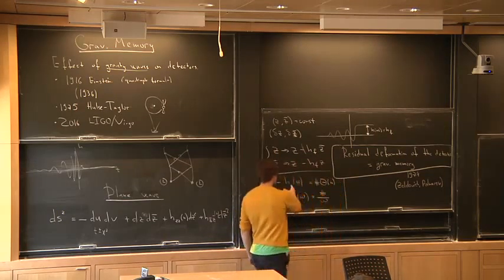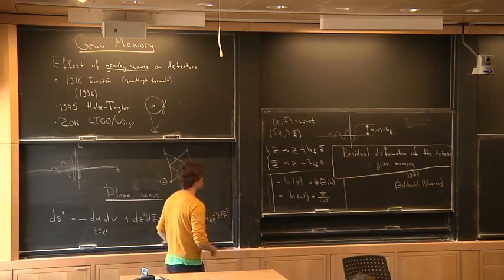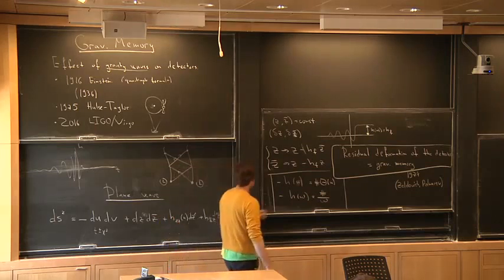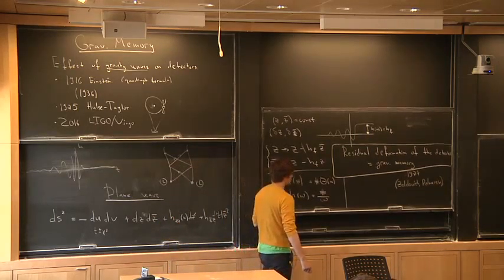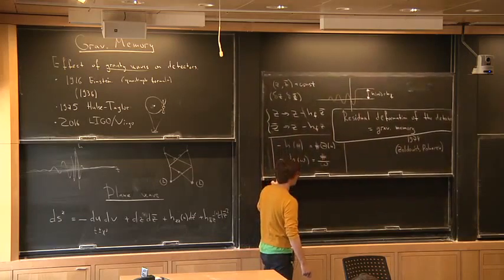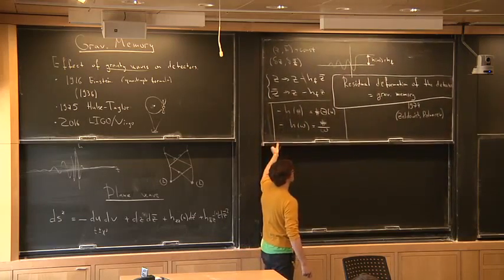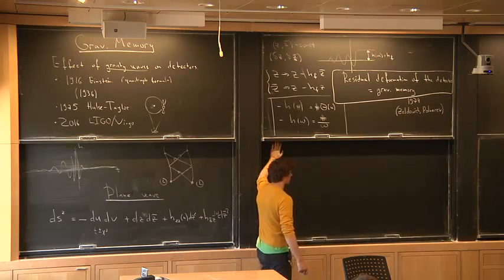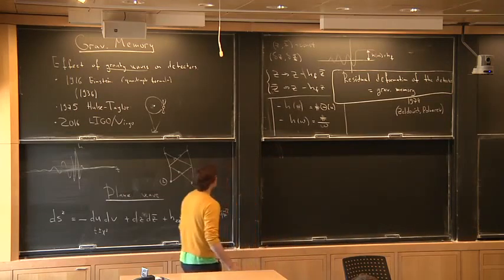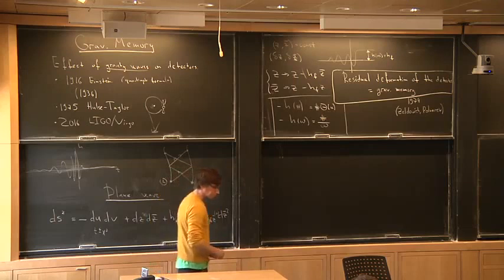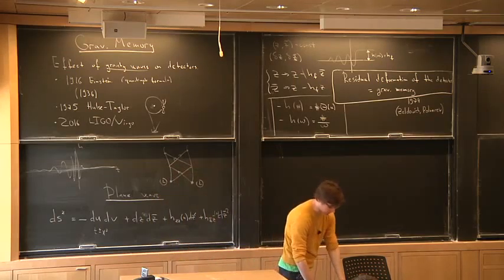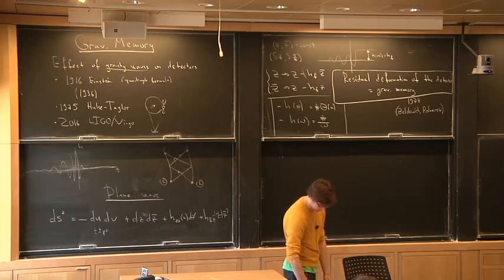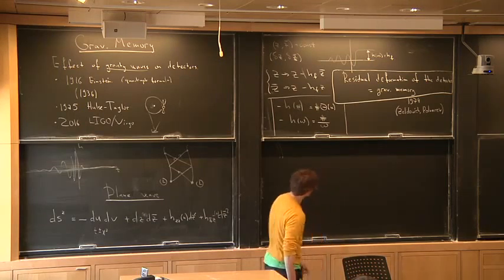So in Fourier space, this corresponds to a 1 over omega tail of the gravitational field. And this will be important when we connect this to the soft theorems, etc.